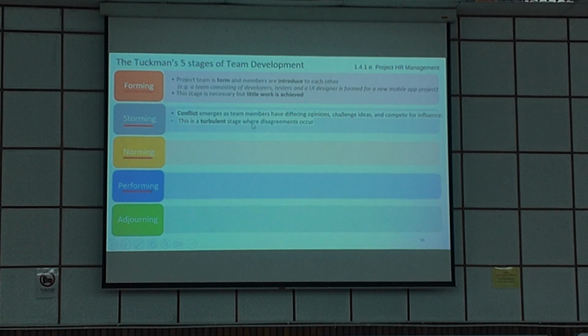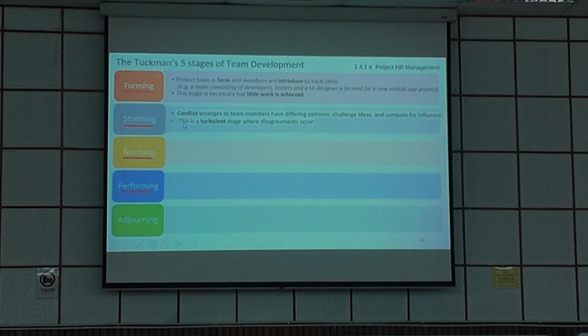So next stage is storming. Storming is when team members have different opinions, challenge each other's ideas, and compete for influence. Okay, so one of them wants to be a leader, doesn't want to be a follower. So all kinds of conflicts can happen.